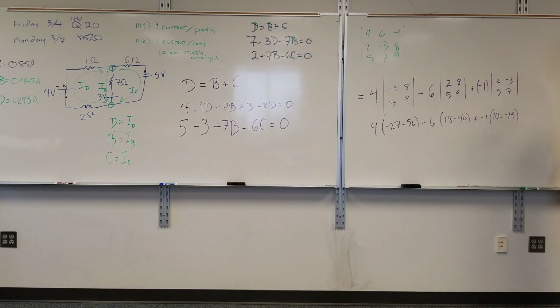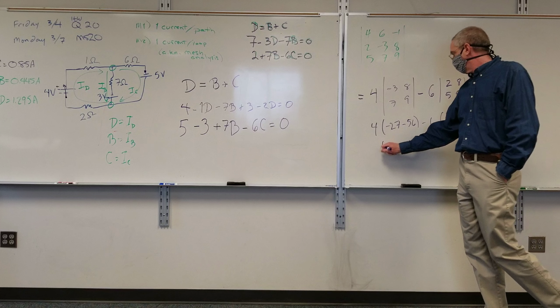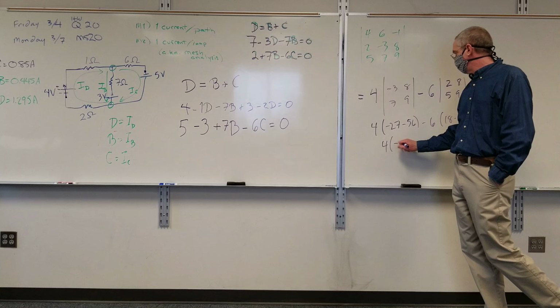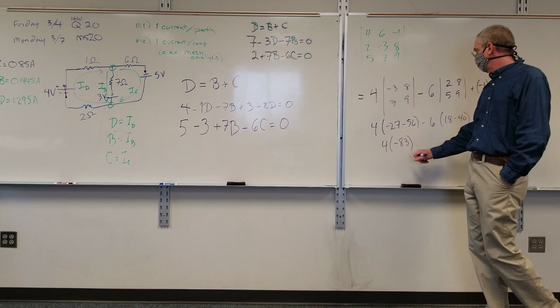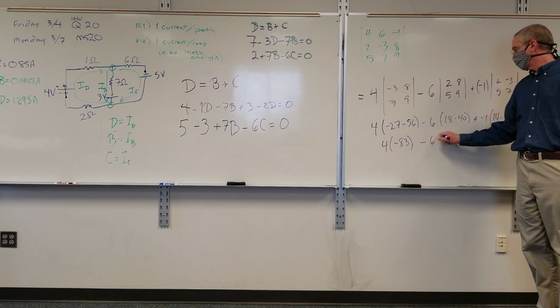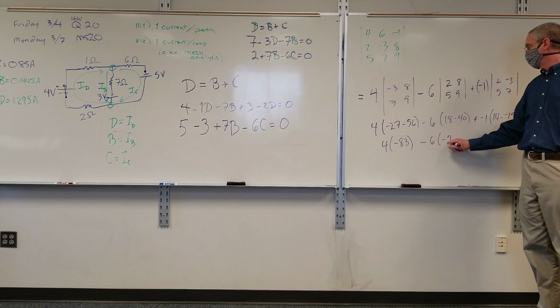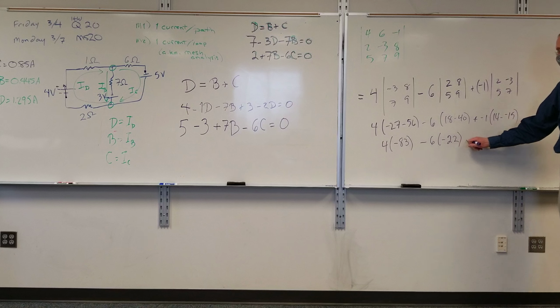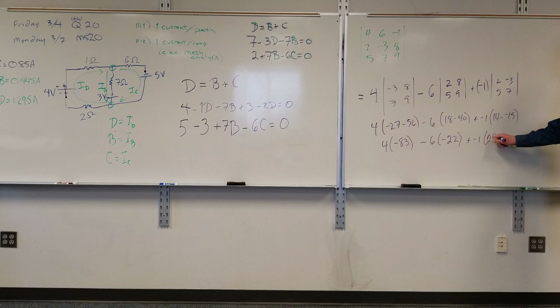Now I'm dealing with bigger numbers. So 4 times negative 83, and 6 times negative 22, plus negative 1 times 29.